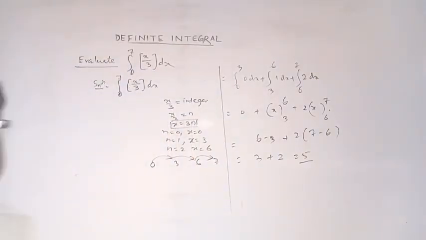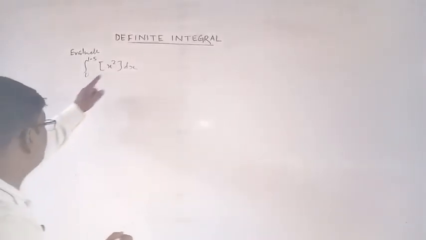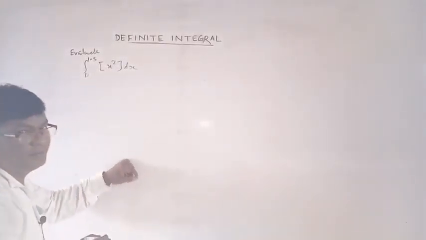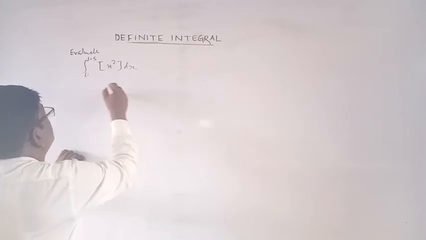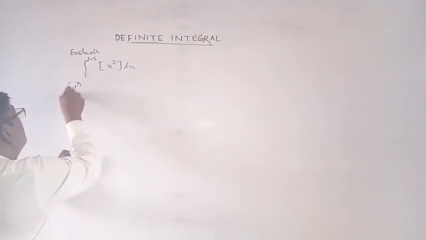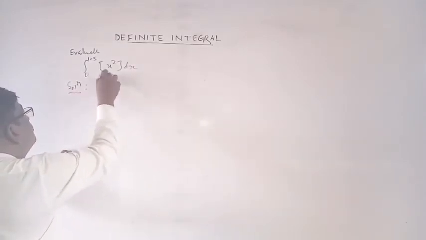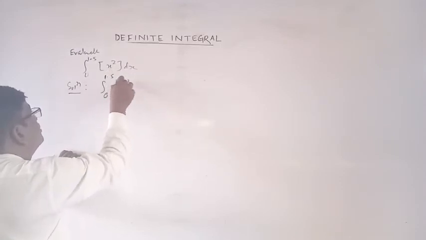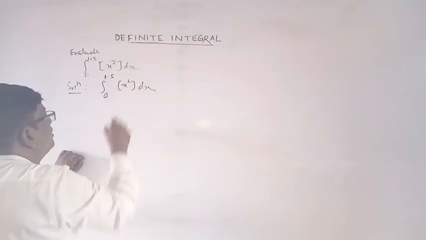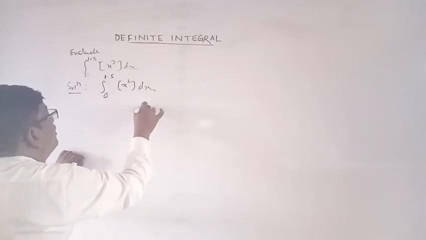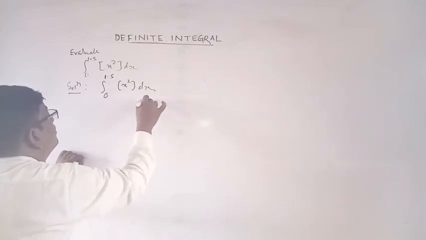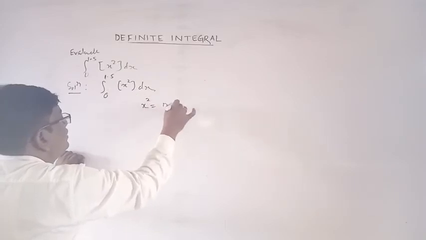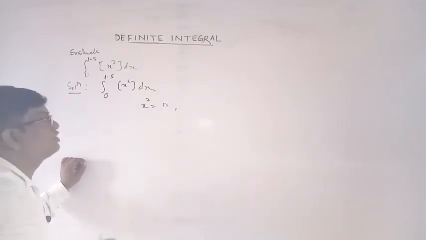Another question. Evaluate the integral from 0 to 1.5 of [x square] dx. So the solution is the integral from 0 to 1.5 of [x square] dx. Okay, so x square is equal to an integer, suppose n.